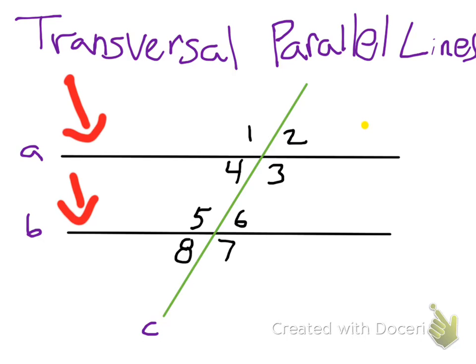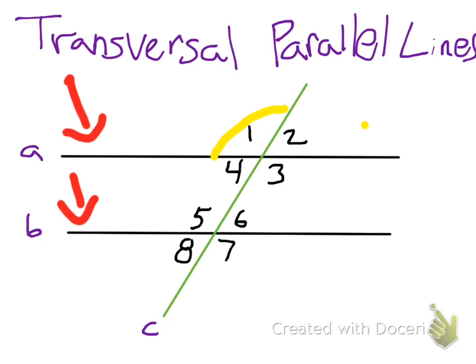The first thing that we are going to look at today are what are called corresponding angles. My corresponding angles today, I'm going to choose one specific color. Corresponding angles are angles that are the exact same angle if one of the parallel lines were to move.